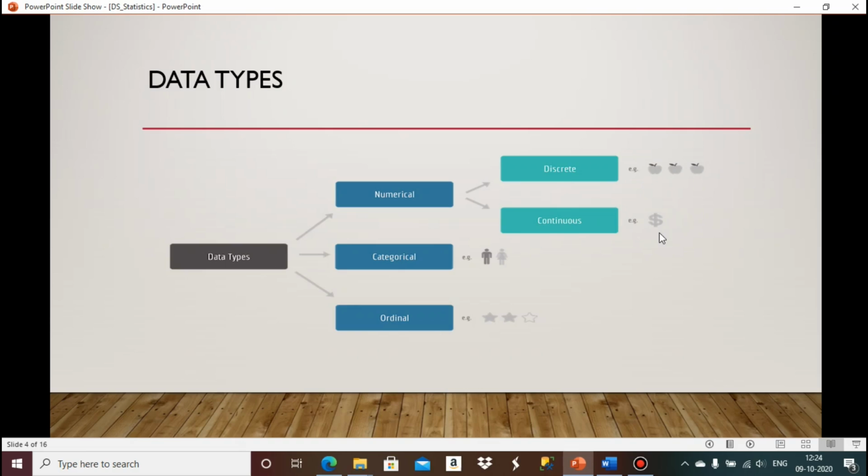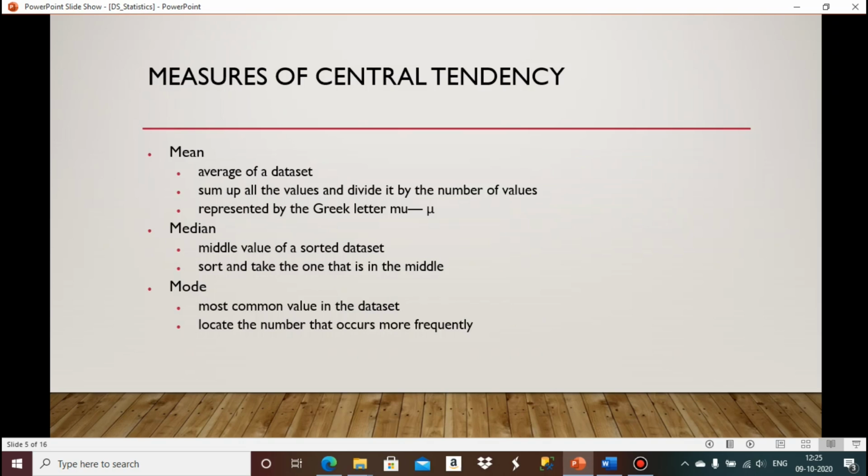Then categorical, say the gender of a person, may be the category of people, but they really do not have any order. And ordinal data means, say, the rating, where through stars we can give 1 star to 5 stars. They are categorical data but having some specific order. That is ordinal data. So that is data types.